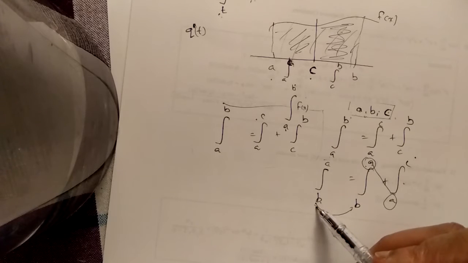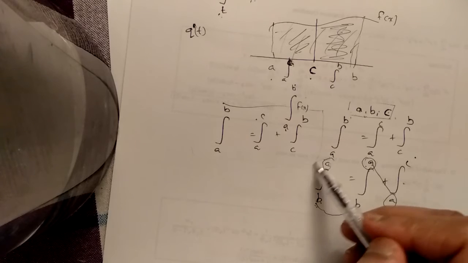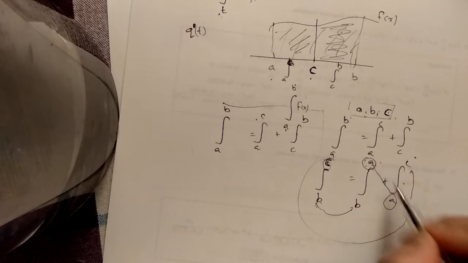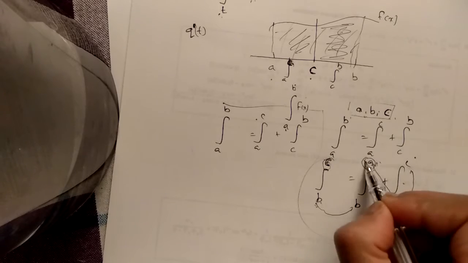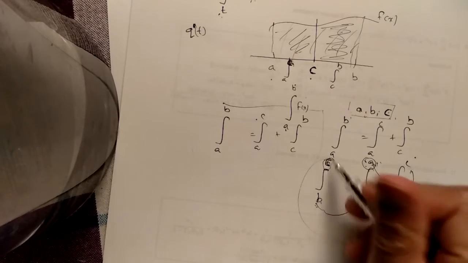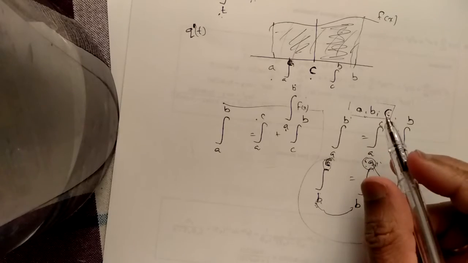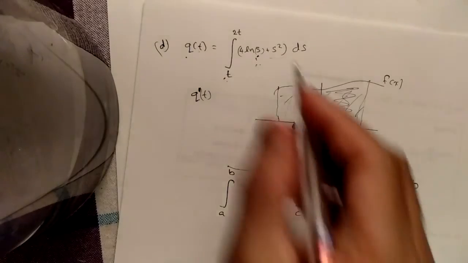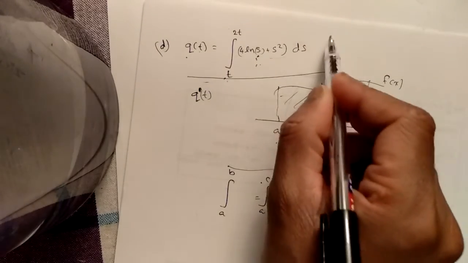The only requirement is the first integral should start with the original lower limit, and the last integral should end with the original upper limit, and there can be any number in between, and this number need not be between these two original lower and upper limits, right? And this knowledge will be useful to compute this one.